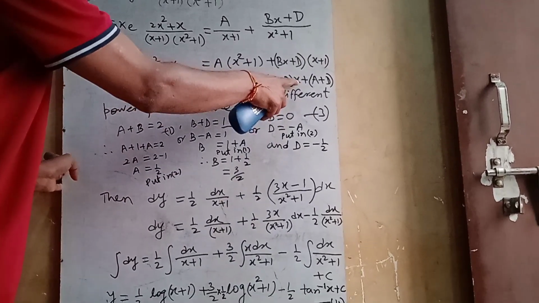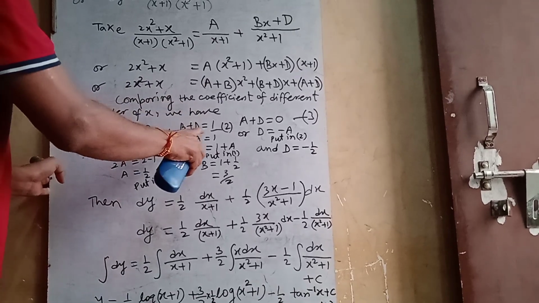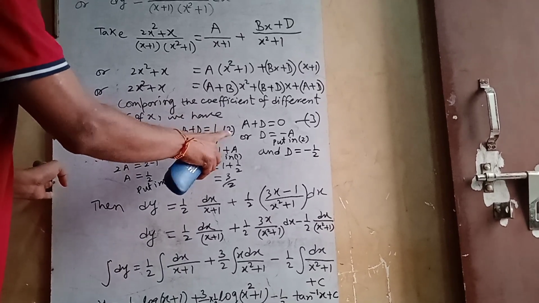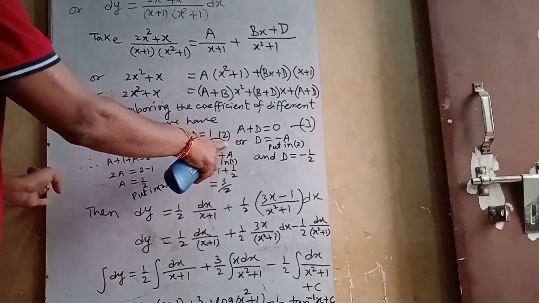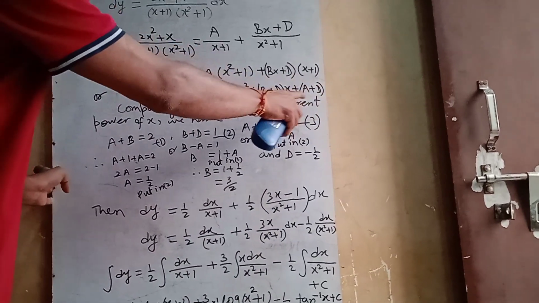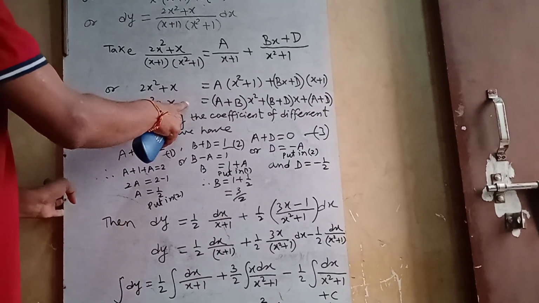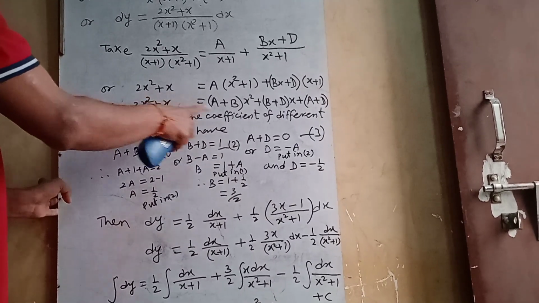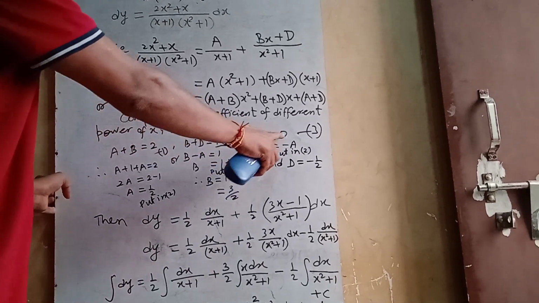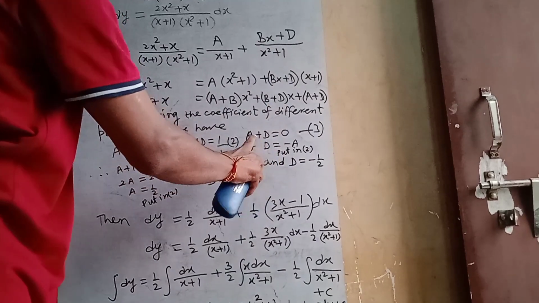The coefficient of x is b plus d, here 1, therefore b plus d equals 1. This becomes equation number 2. And a plus d is the constant term. This term is absent here, that is its value is 0. So a plus d equals 0. This becomes equation number 3.